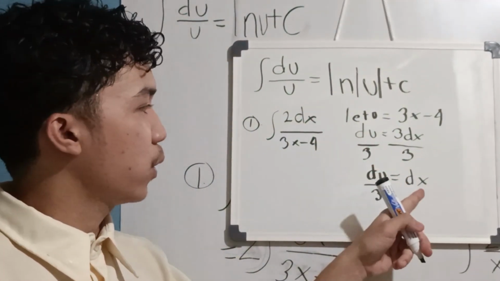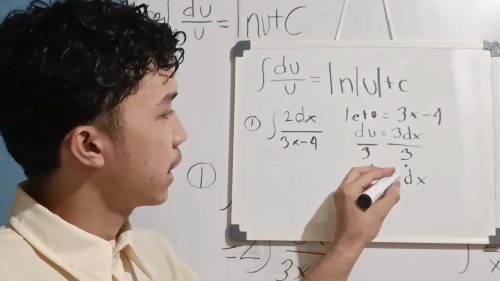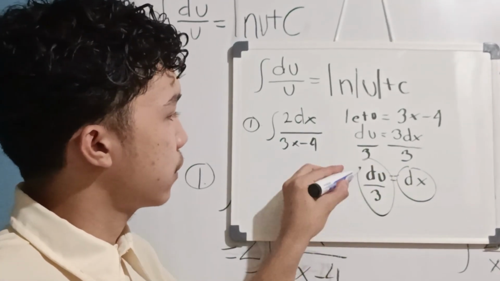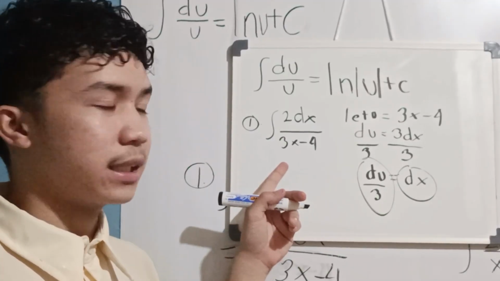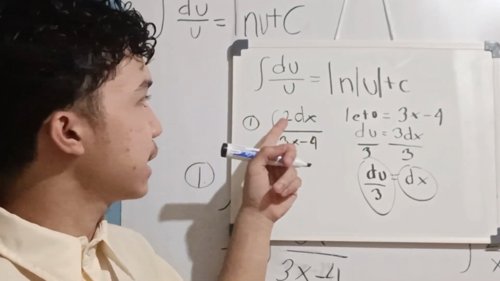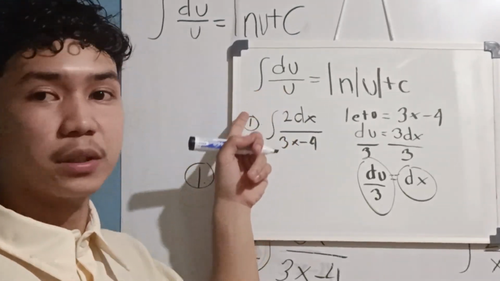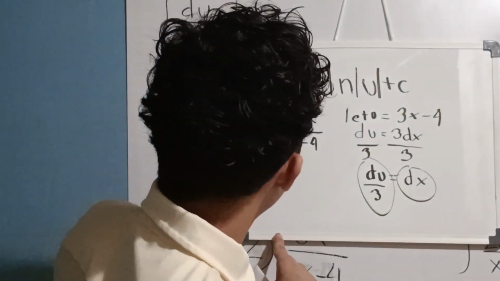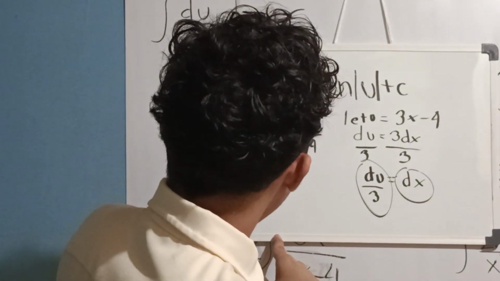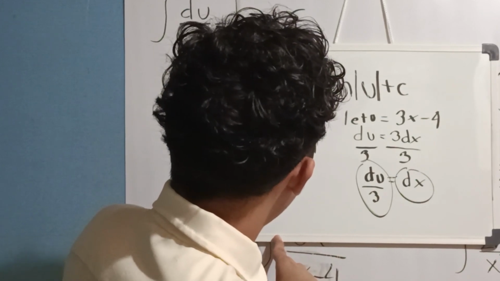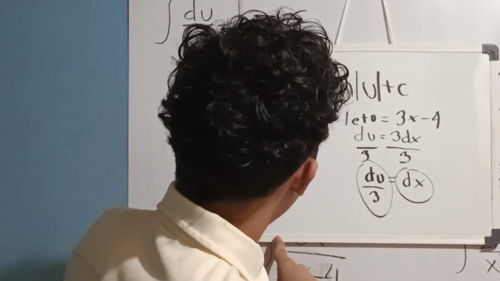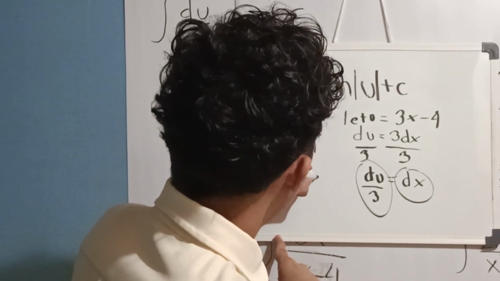Now that we have dx, which is equal to du over 3, let's substitute. Since 2 is a constant value, let's put it outside. So it will become 2 the integral of dx all over 3x minus 4.